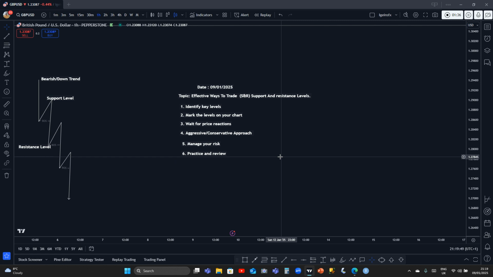So I've taught you guys how to trade trending markets, like the bearish and bullish trend, and even the sideways market. But when the trend is consolidating, you stay away because it's not going anywhere.